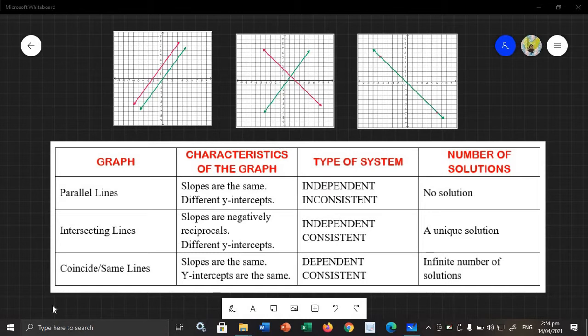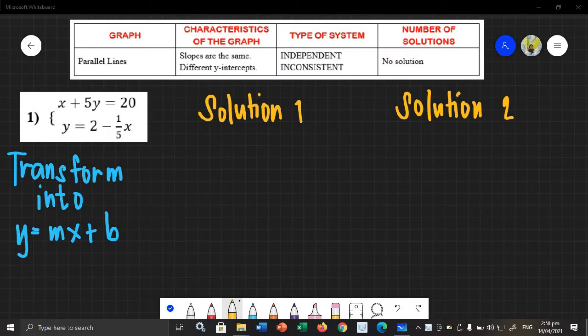Now, let us give examples ng system of linear equations that the graph is a parallel line, an intersecting line, and coincide or they have the same line. So let's say we have the first system of linear equations and the graph of this system is a parallel line.